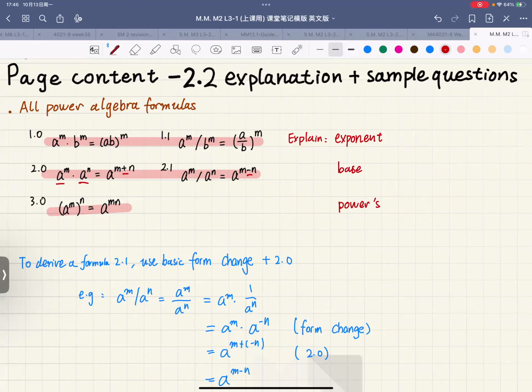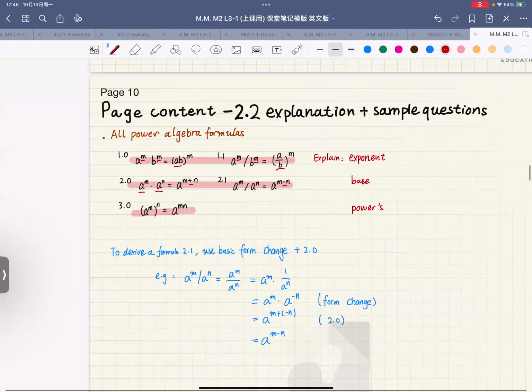If you have a different base but the same power, you multiply the bases or you divide the bases, okay? And a to the power of m, bracket, to the power of n is equal to a to the power of mn. That's basically the formula you need to memorize.